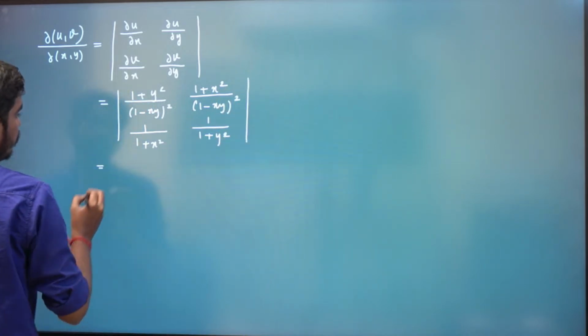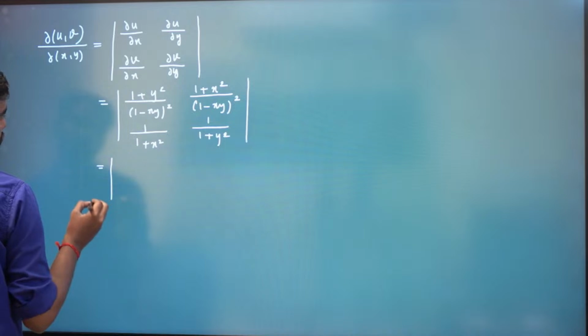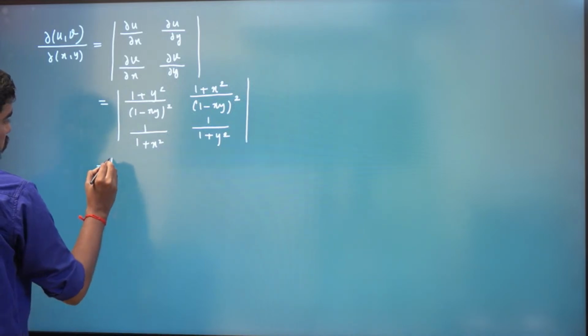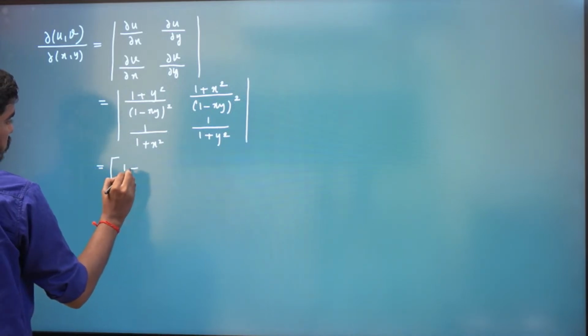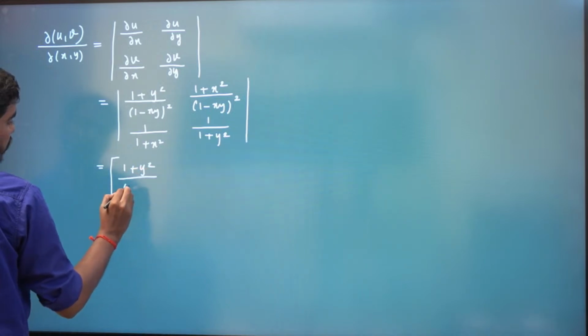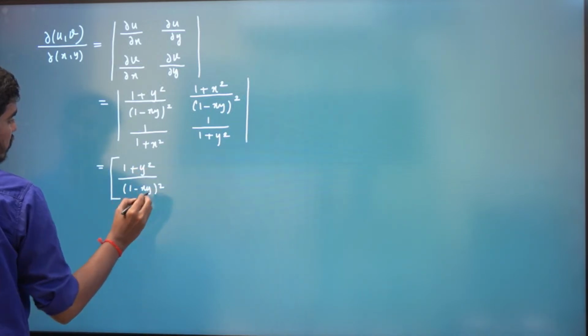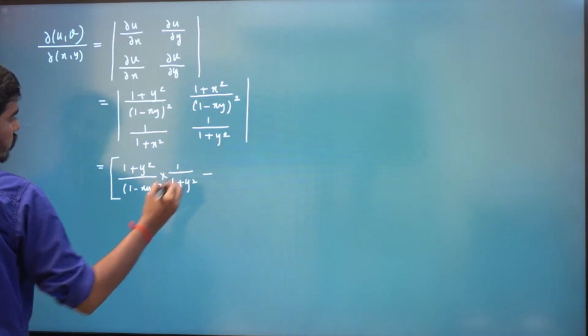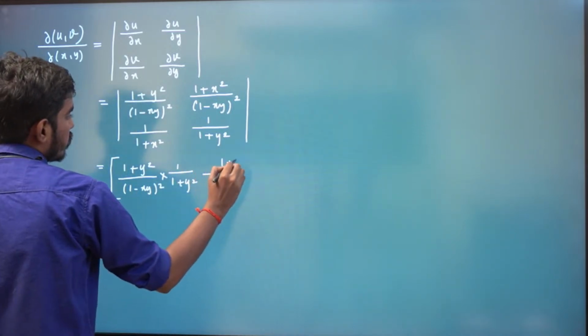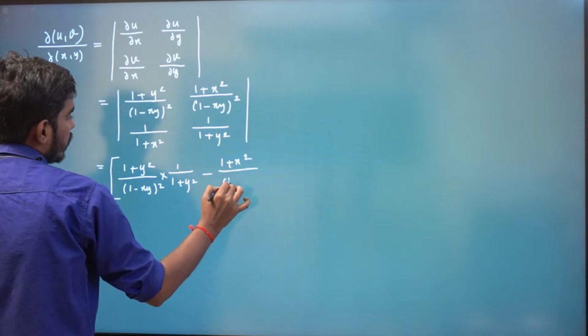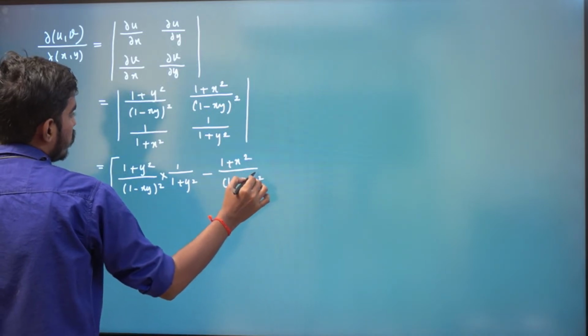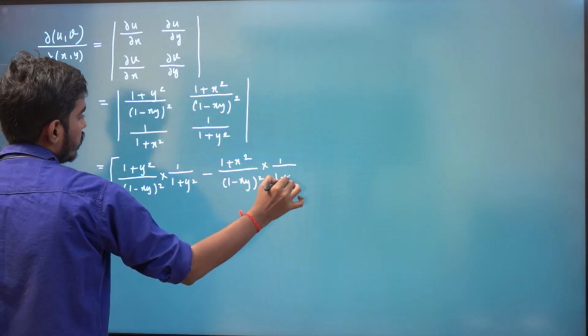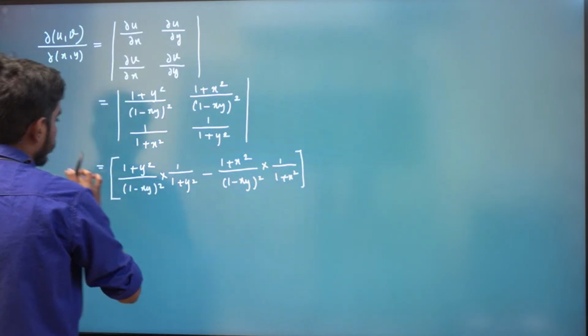So this will be, if I multiply this, you will have 1 plus y square by 1 minus xy whole square into 1 divided by 1 plus y square, minus 1 plus x square by 1 minus xy whole square into 1 divided by 1 plus x square, right?